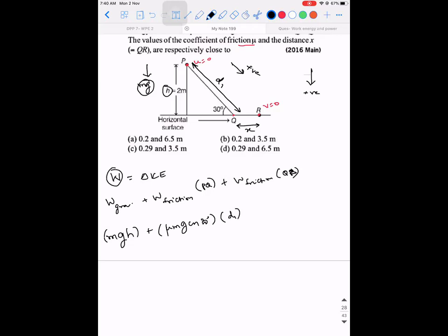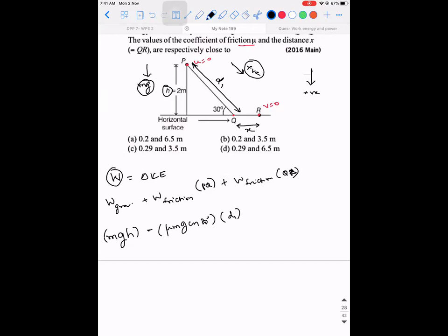What is the angle between the frictional force and d1? I've given the sign convention, it is 180 degrees. So work done by friction will be negative. That goes without mentioning. So minus mu mg cos 30 into d1.